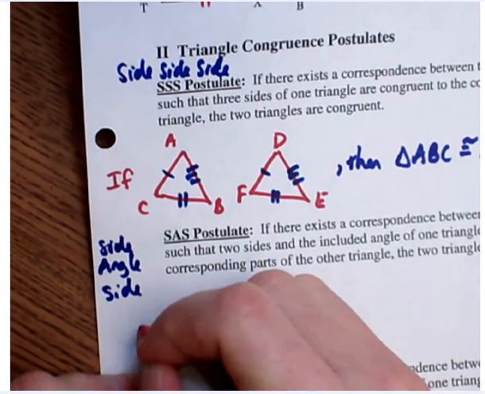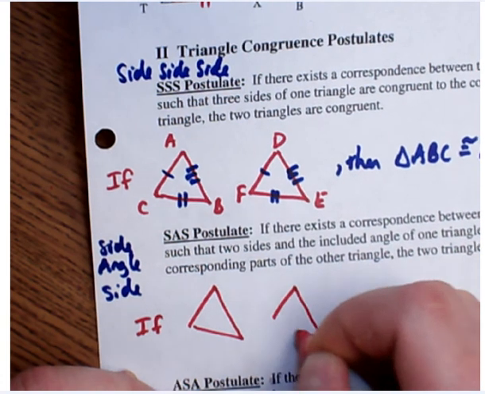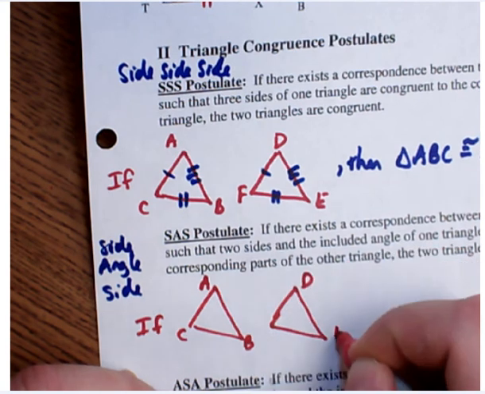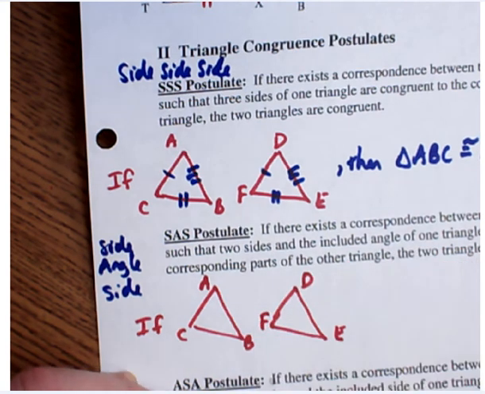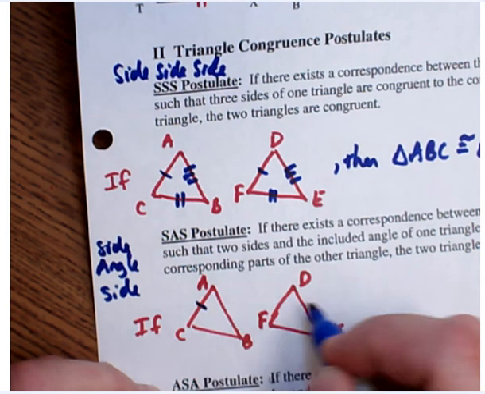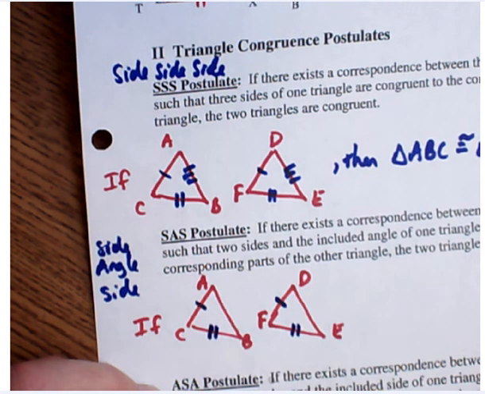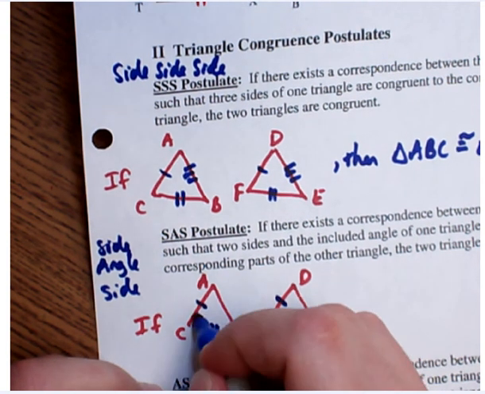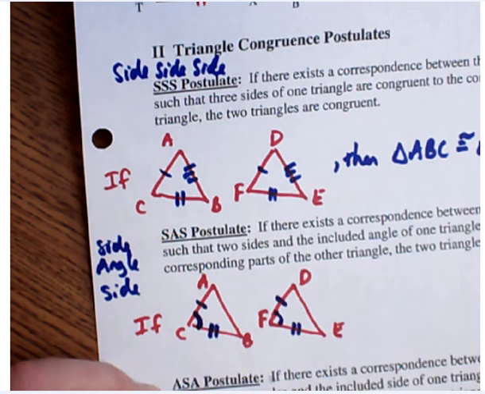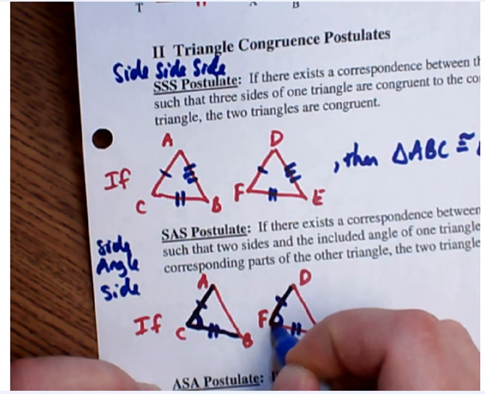And here's what it says. If, now we're going to draw the same picture basically. So here's two triangles. Let's call them ABC, DEF. If you have one set of congruent sides, you have two sets of congruent sides, and you know the angle between the two sides, and I'm going to outline this here, that's the information that we have.